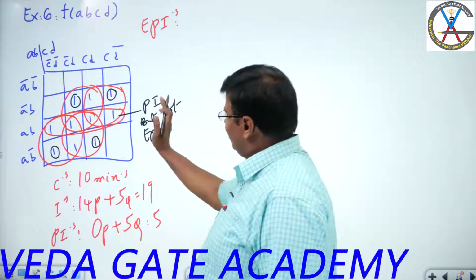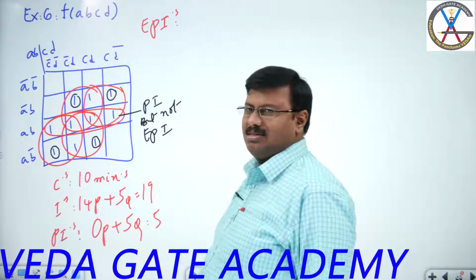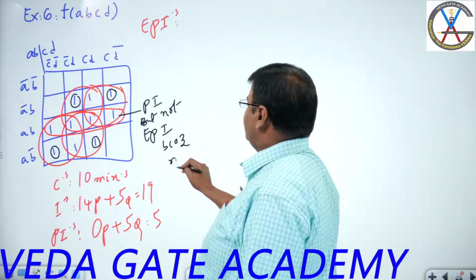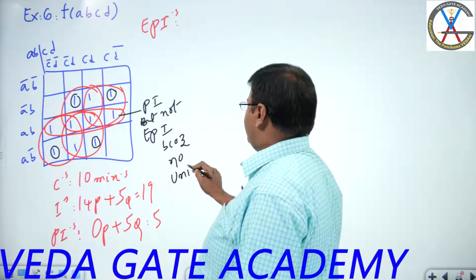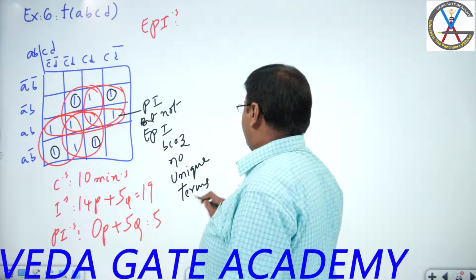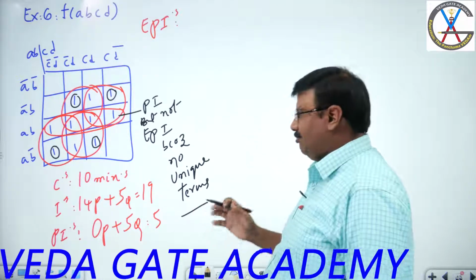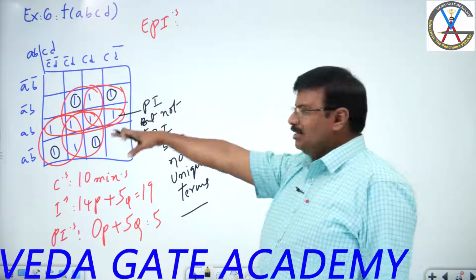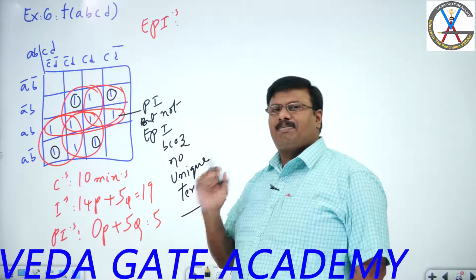Every one is a part of others. Hope you understood the meaning of PI but not EPI. Are you clear? This is the best example to understand: it is only a prime but not an essential prime.